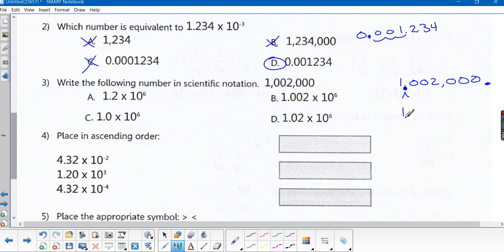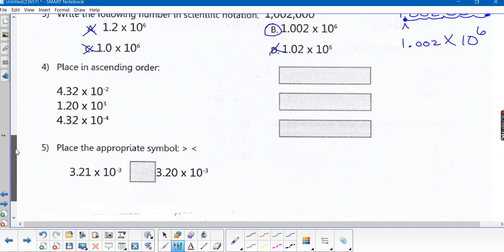So now I can rewrite it as 1.002. And how many times do we move it? 1, 2, 3, 4, 5, 6. And this is positive exponent because it's a whole number. That is B. Throw some tricks out there at you.